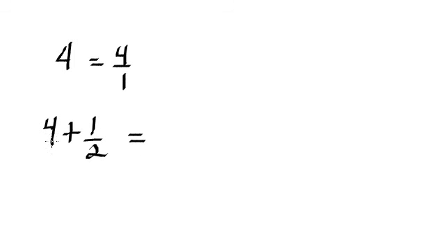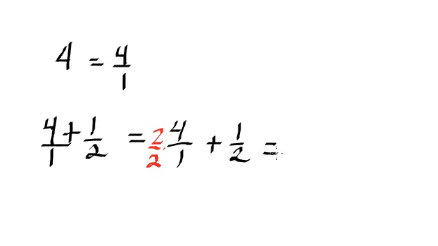Well, what I would do is I would go ahead and write a 1 right down here. We have a 1 and we have a 2 now in the denominator. Let me rewrite this. 4 over 1 plus 1 over 2. We want to get a common denominator. Well, the best thing for me to do here is just to simply write 2 over 2. And now I'm going to rewrite this.